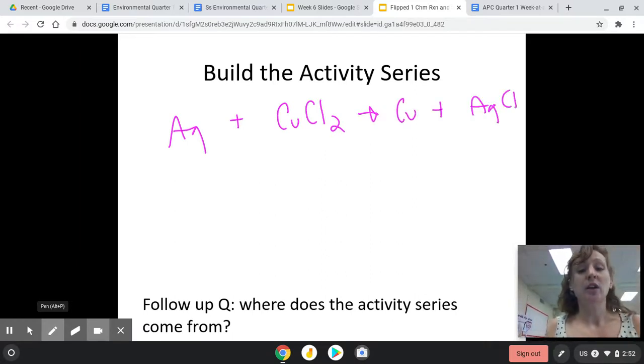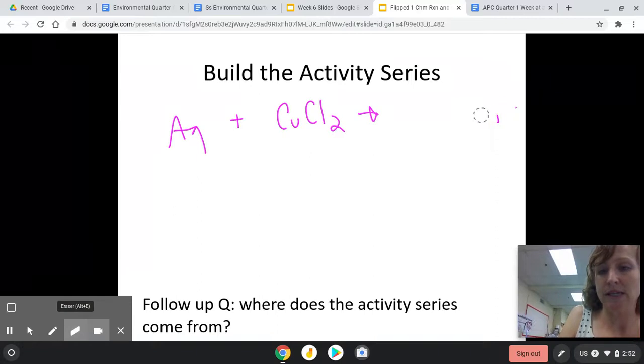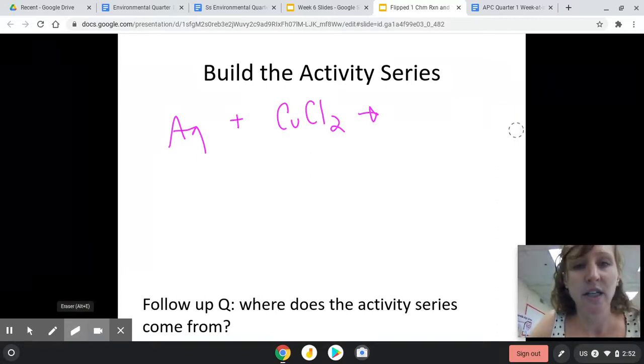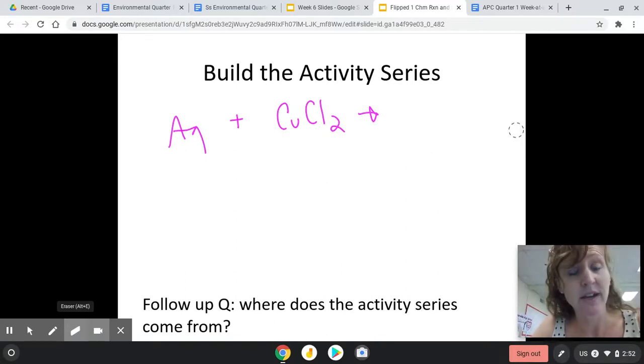Okay, so the question would be something like that. Actually, your question would probably be something like: silver is going to be mixed into copper chloride. Will this reaction happen? And so this was an activity we dealt with in chemistry also, where we dropped metals into solutions.